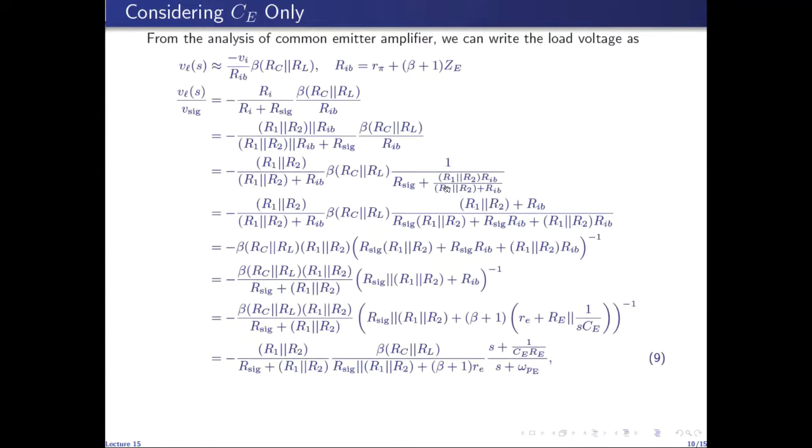So by taking the LCM, we get this term, and then we can cancel this numerator with the denominator, and we'll be left with beta times RC in parallel with RL times R1 in parallel with R2 times this numerator over denominator, which is explicitly written as the inverse of this term. Again, I can simplify this term by taking R sig plus R1 in parallel with R2 out common.